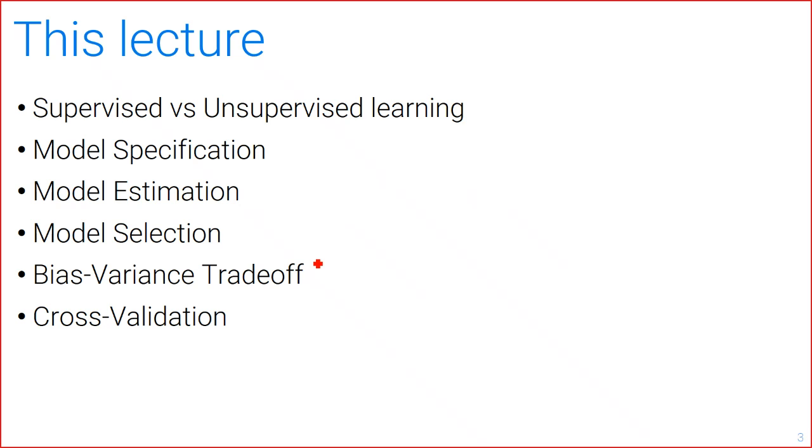And we'll talk about a couple of very important concepts when building models. One of them is the bias variance trade-off. We're going to see what that is about today, and cross-validation, which is a way of going around certain limitations with the data. So this is going to be the content of today's lecture.